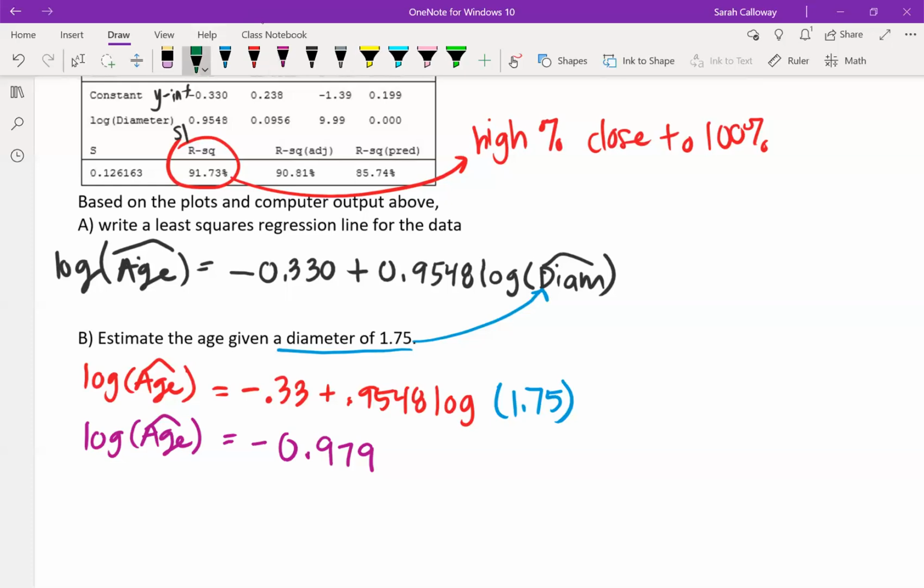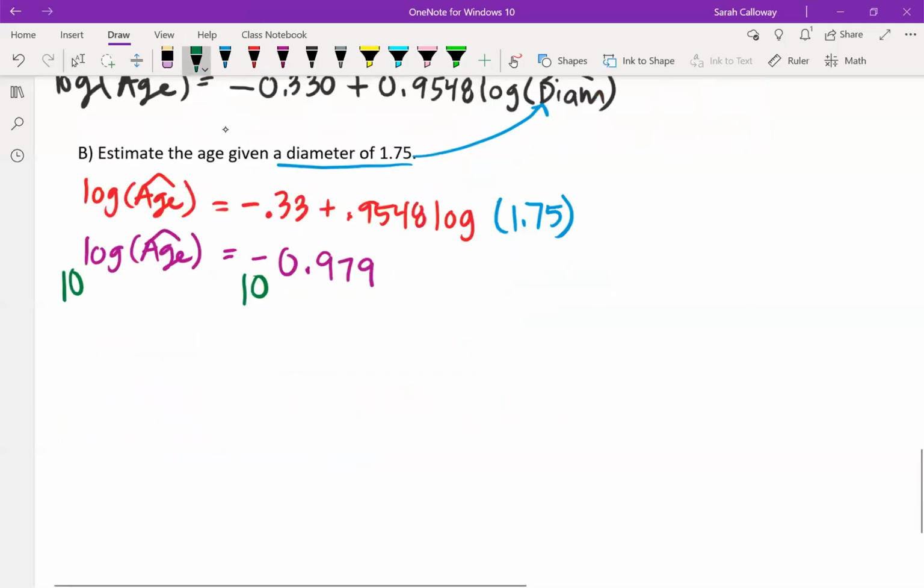Again, since we have a base 10 log, we're going to exponentiate with the base of 10. So if I raise everything with a base of 10, that means that age hat is equal to 10 to the negative 0.979 power.